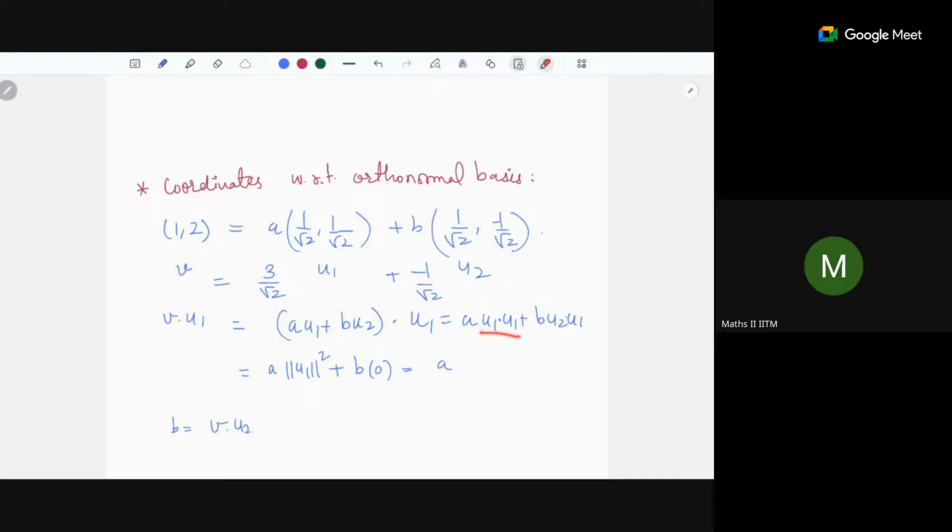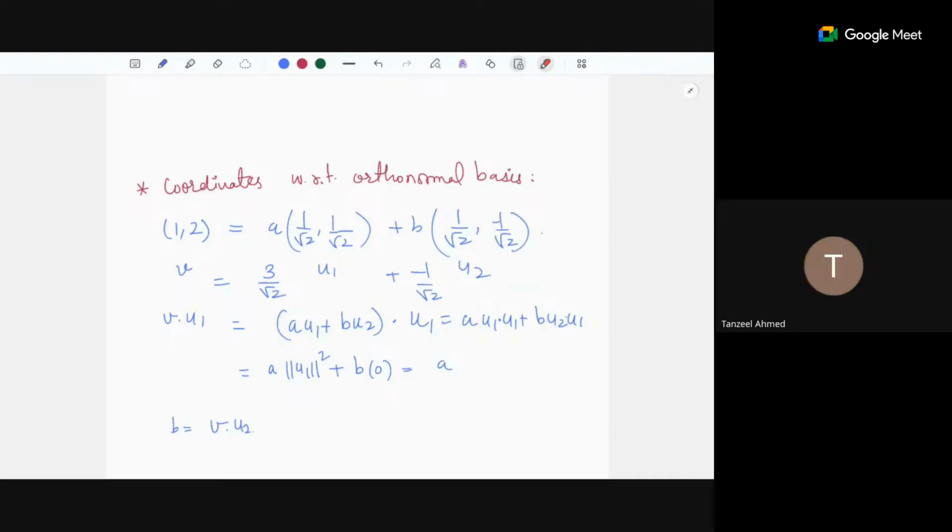The first quantity becomes the magnitude of u1 squared, and because it is an orthonormal basis, the magnitude of u1 is 1. So this becomes 1, this is 0, so it is a. That's your answer.